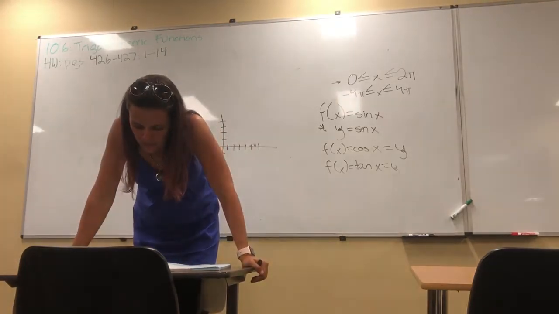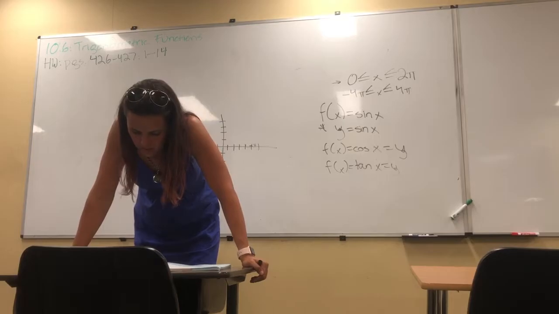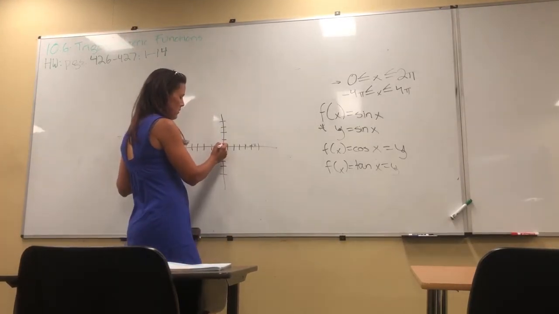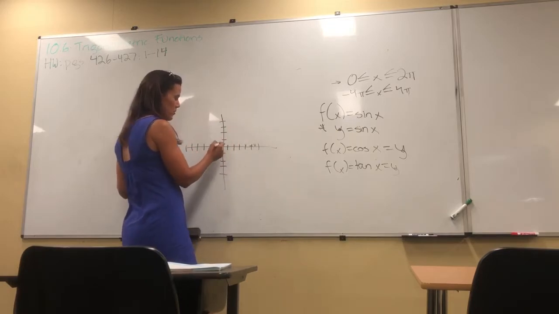Except, let's see. Okay, you are going to cross your axis here. Instead of being at 0, 0 like we were before, it's going to be at y equals 0, but x equals 1. Let's say that's somewhere over here.